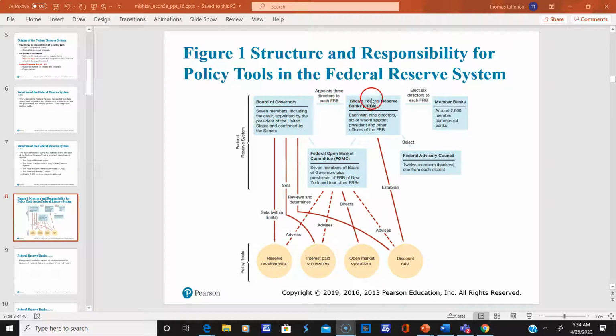There are 12 Federal Reserve Banks, and each has 9 directors, 6 of whom appoint the president, and the others are officers of the Federal Reserve Bank. So they elect 6 directors to each Federal Reserve Bank, right? And then there are around 2,000 member commercial banks.